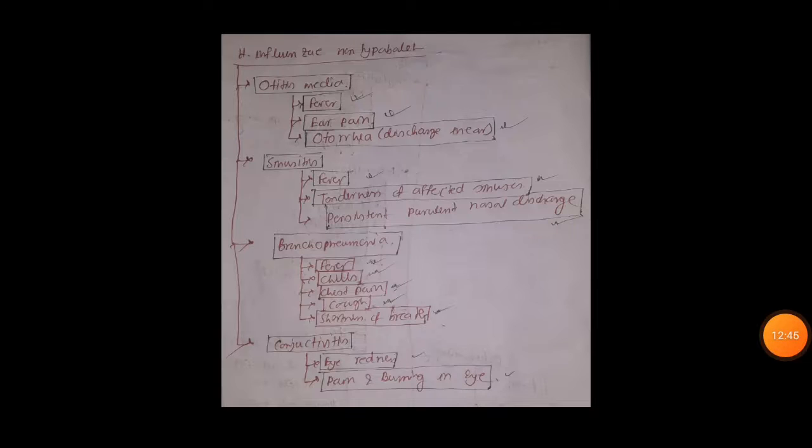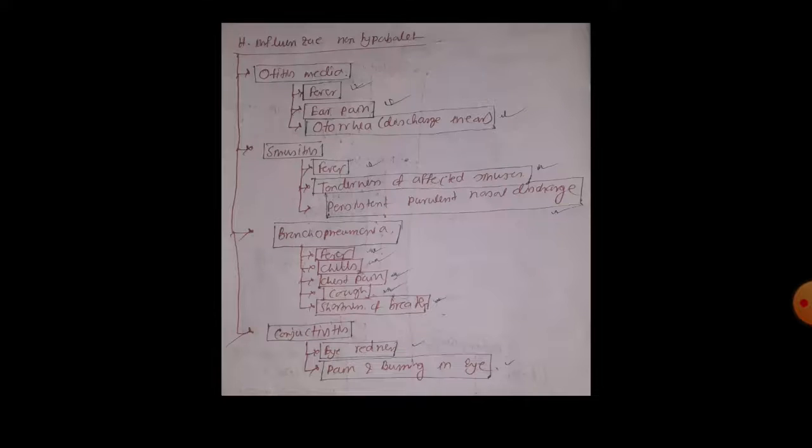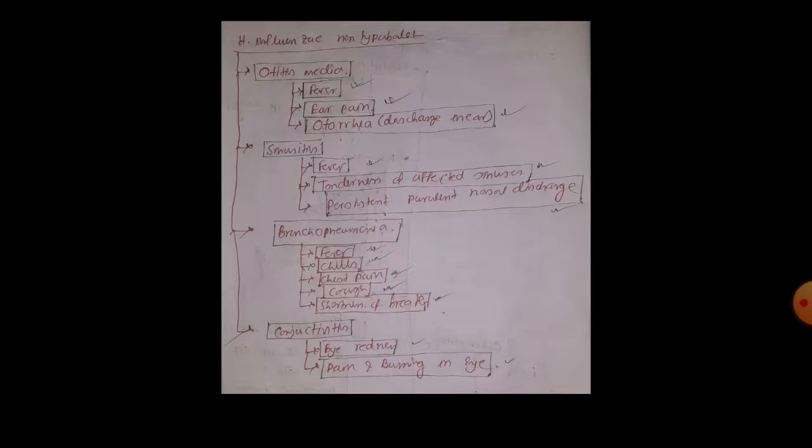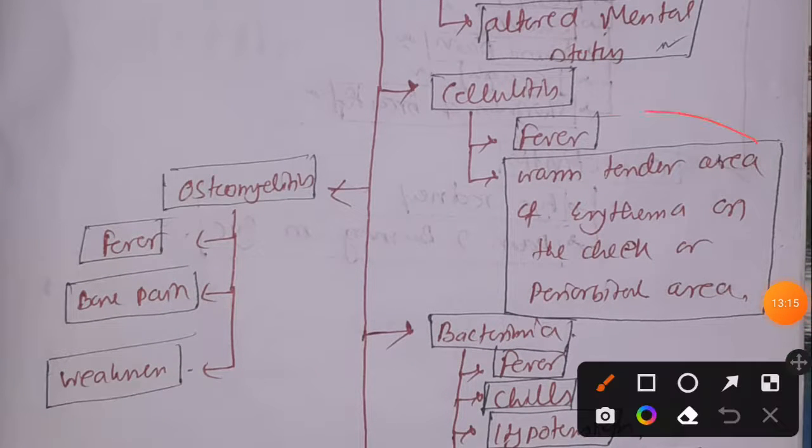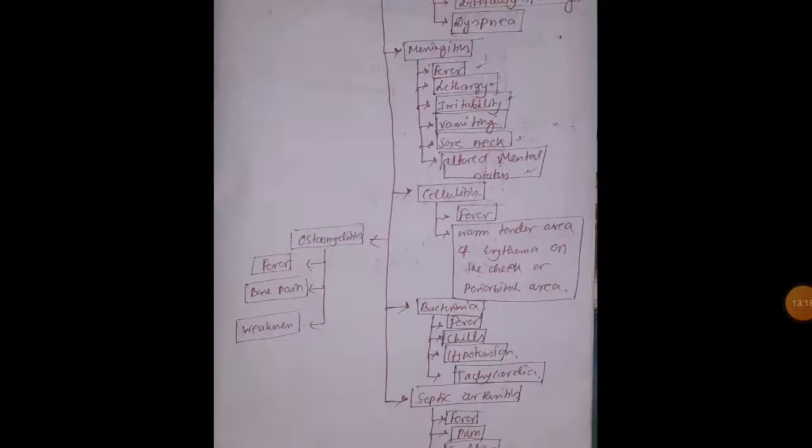You can also get cellulitis, where you get fever along with a warm, tender area of erythema on the cheek or periorbital area. Erythema is a type of redness in the skin.